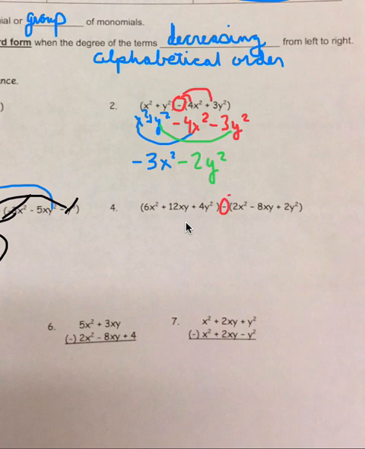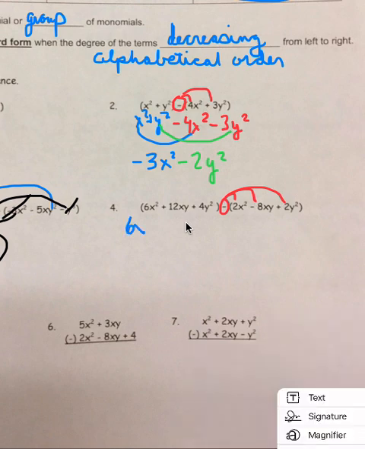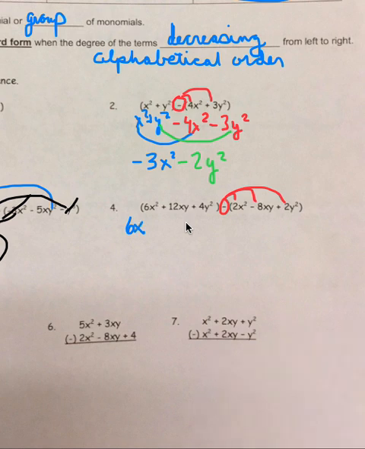Number 4, this time we have a subtraction sign. That's going to change the signs on all three. So you have to take that into account. So I'm going to rewrite it. I'm going to write the x squared term first. So I'm going to have 6x squared, minus 2xy squared. I'm kind of trying to write each of these a little different way each time.